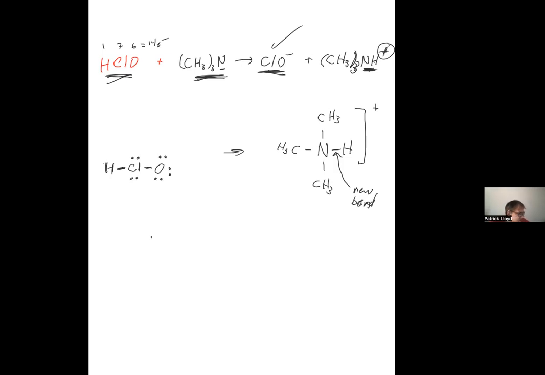Okay, there's your 14 electrons, right? 2, 4, 6, 8, 10, 12, 14. Now let's do this one over here. It looks just like the one on the right side. So you've got nitrogen, CH3. For this one, I'll actually go ahead and draw it all out. That's fine. There's nothing really happening with the CH3s in the reaction.